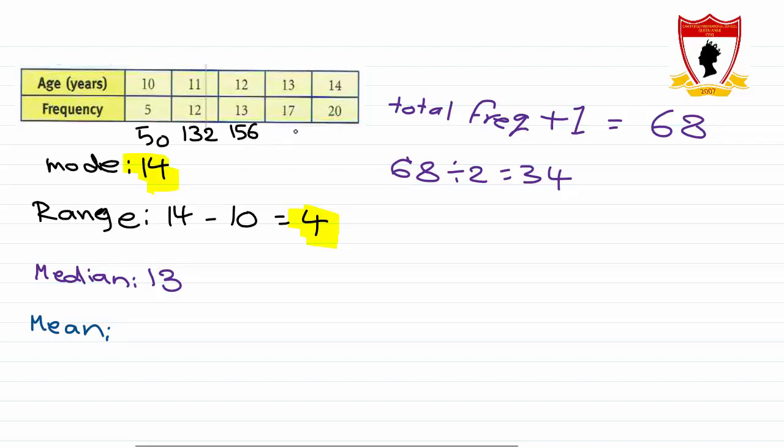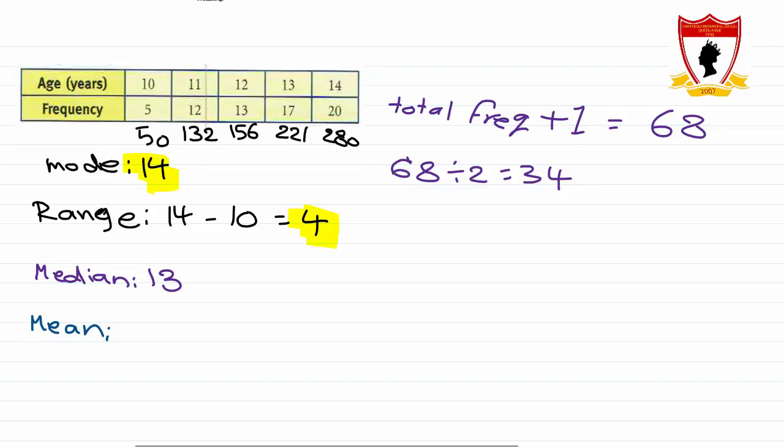Calculator is allowed in this unit. 13 times 17 is 221. 14 times 20 is 280. Okay, this is the new row.